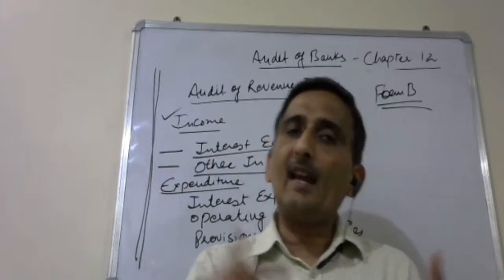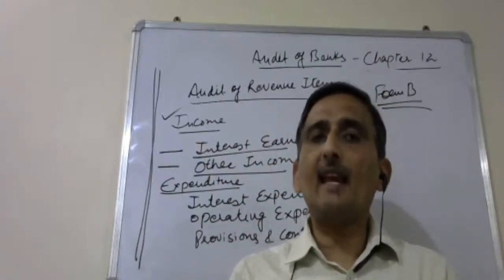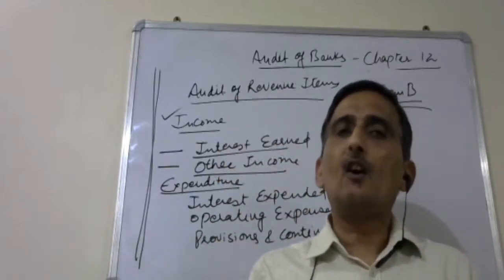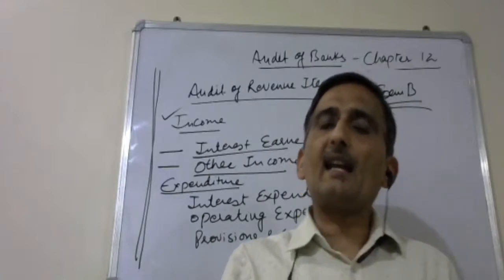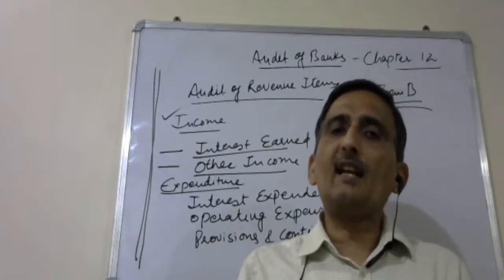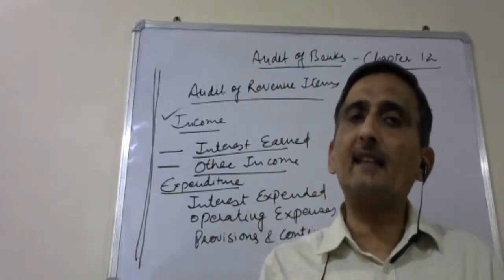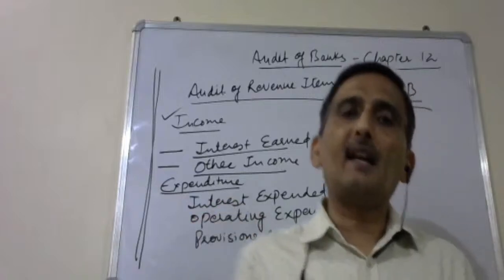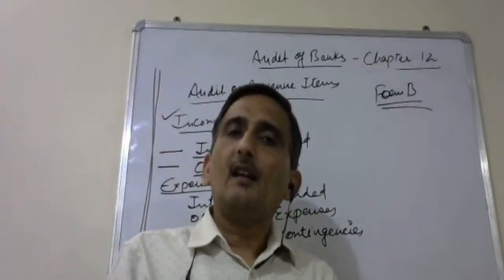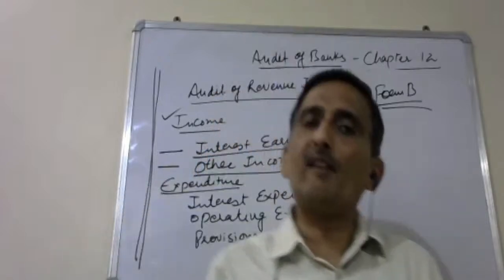A time deposit is when you make a deposit with the bank for a fixed period of time, say an FD of 1 year or 2 years, or an RD, recurring deposit, for a period of 3 or 4 years. The main expenditure under the head interest expended is interest paid on time deposits, and part of it relates to interest paid on saving accounts.